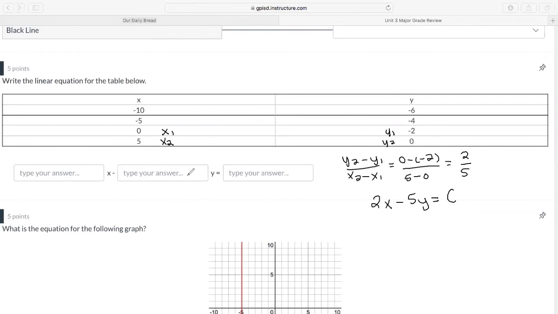So I'm gonna do this here. I got 10. That is perfectly correct.